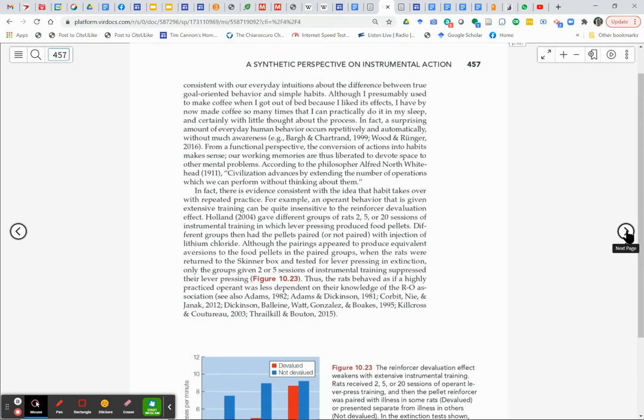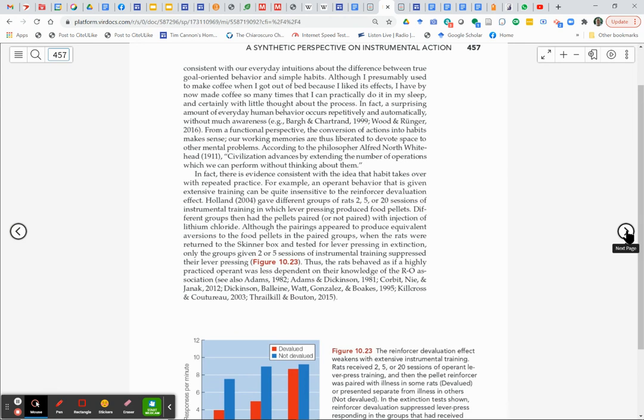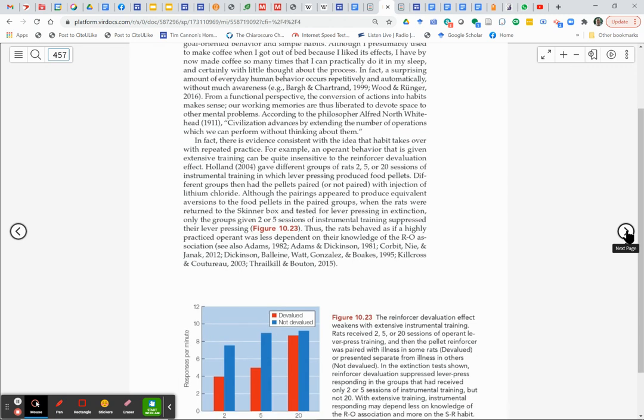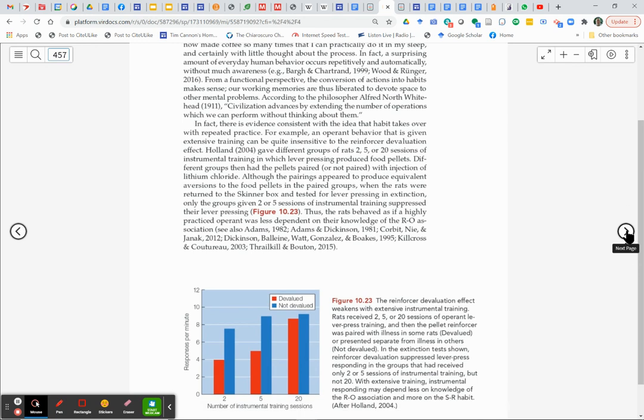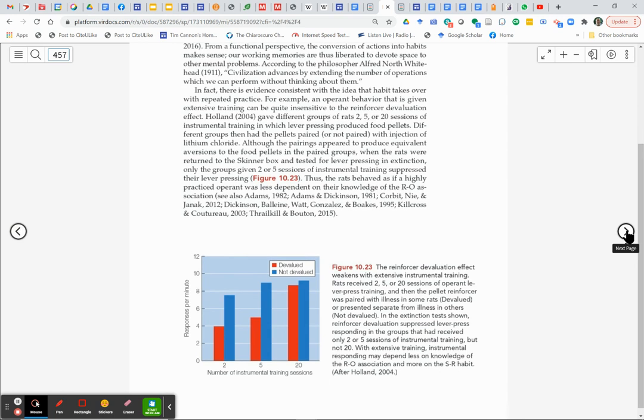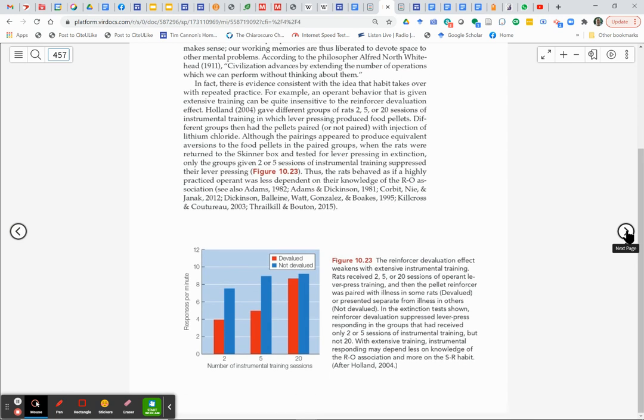Civilization advances by extending the number of operations which we can perform without thinking about them. Habit. A lot of what we do is habit, and habit largely occurs without intense emotions. So here we have 2, 5, or 20 sessions of learning and devaluation and not devaluation.